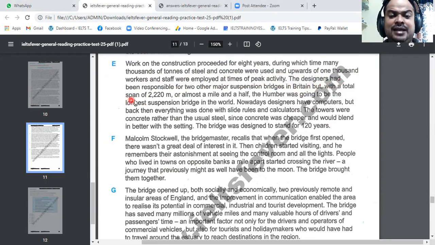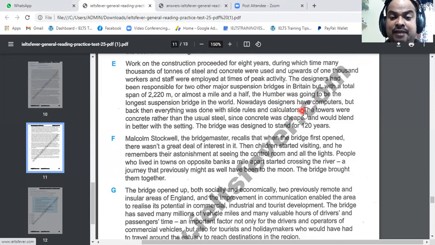The designers had been responsible for two other major suspension bridges in Britain, but with a total span of 2,220 meters, or almost a mile and a half, the Humber was going to be the longest suspension bridge in the world.